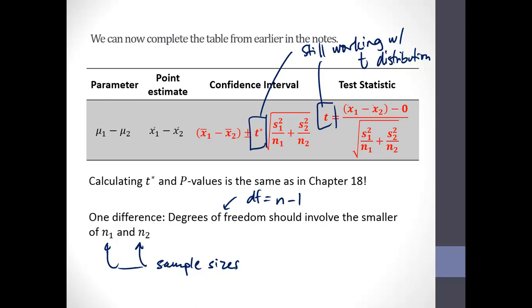So now we'll take the smaller of n1 and n2 and subtract 1 off of that. Whichever one of these is smaller, use that as your degrees of freedom.